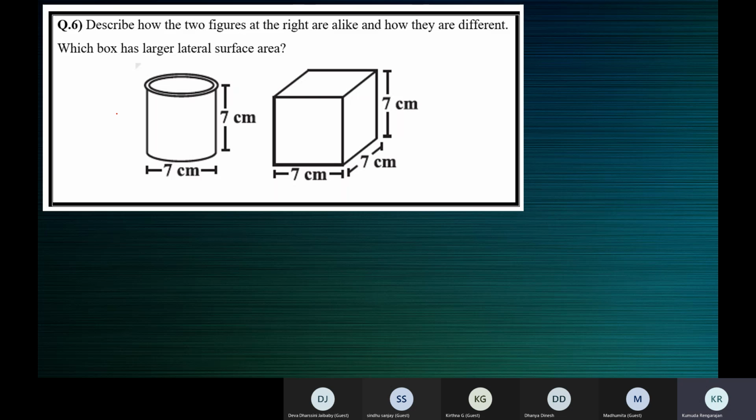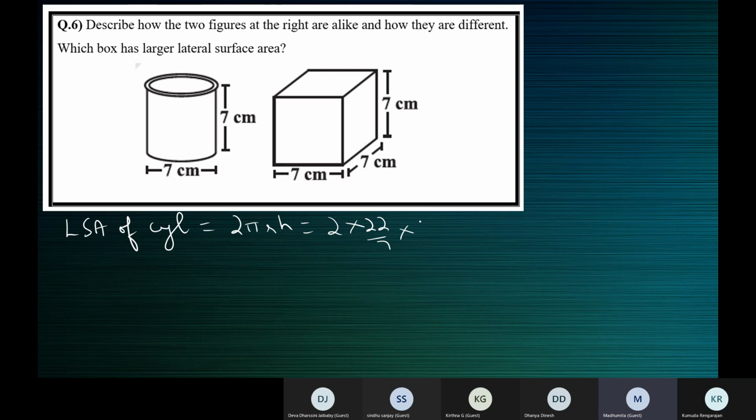Okay. So we work out the lateral surface area of the cylinder. Lateral surface area of cylinder is equal to 2 pi r h. That is equal to 2 into 22 by 7 into radius. What's the radius, children? Ma'am, 7. No, ma'am, it's 3.5. 7 is the diameter, ma'am.